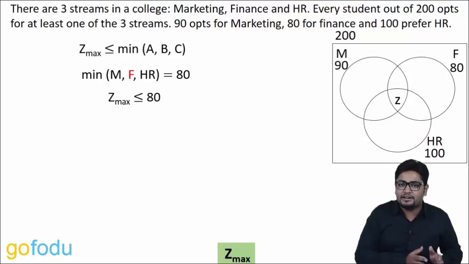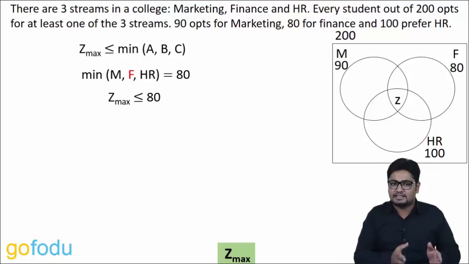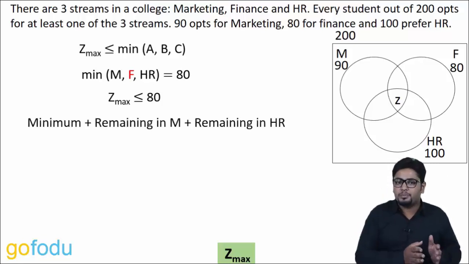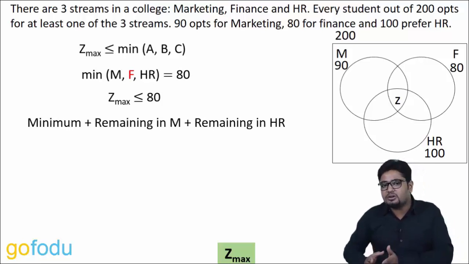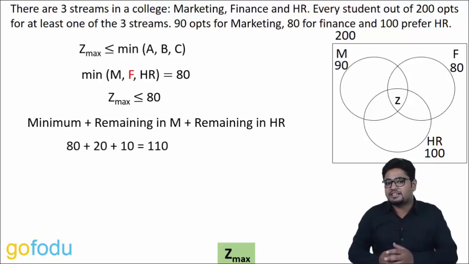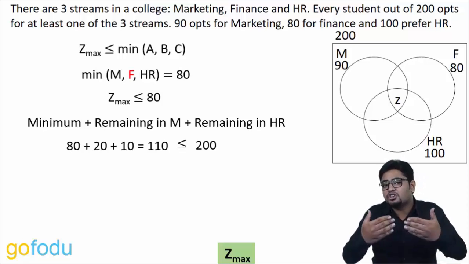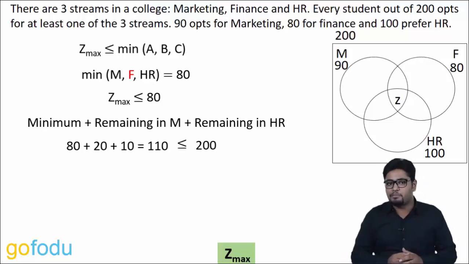So, for marketing, the difference will be 90 minus 80, that is 10, and for HR it will be 20. Now minimum plus remaining in marketing plus remaining in HR, that is 80 plus 20 plus 10, gives us 110. This 110 is clearly less than the total value, that is 200.